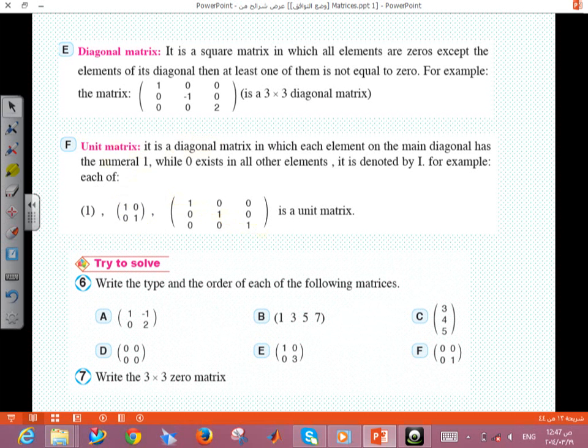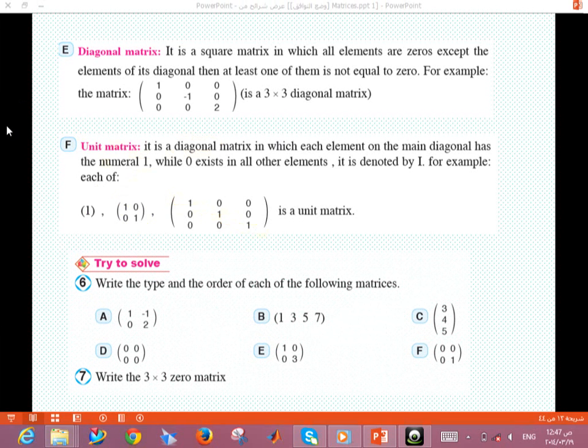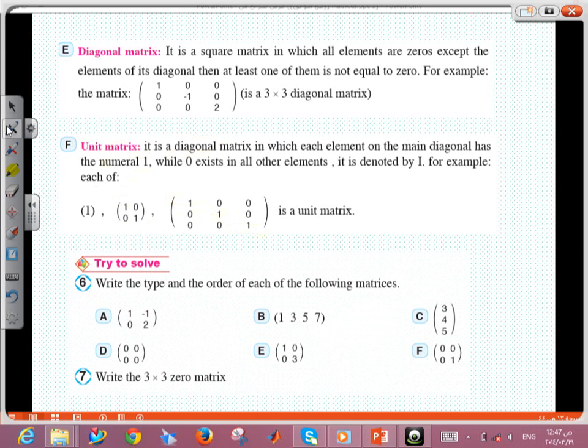Now try to solve this example. First, write the type and order of each of the following matrices. Number A is 2 times 2. Why? Because we only have 2 rows and 2 columns. And what's the type? Yes, square matrix.